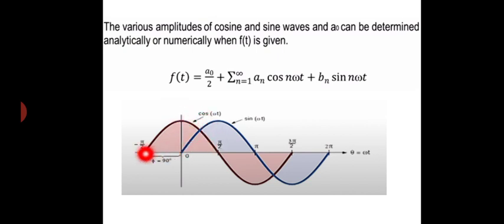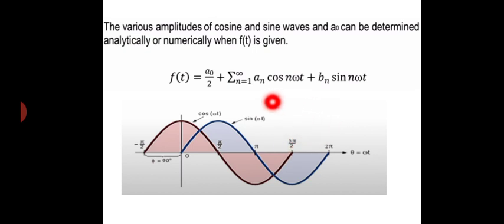At minus pi by 2, the sin omega t graph is minus 1 and cos is 0. Cos is maximum at 0, then 0 at pi by 2. Similarly at pi, cos omega t is minus 1 and sin omega t is 0. At 2 pi, sin omega t is 0 and cos omega t is plus 1.